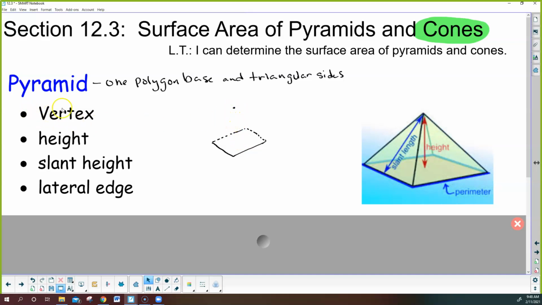That dot is actually the vertex. The back line is the one that won't be visible, and all the other ones are just straight lines. Draw your base first, and then from the center, put a dot, and then you're basically connecting all the vertices to that vertex up top.